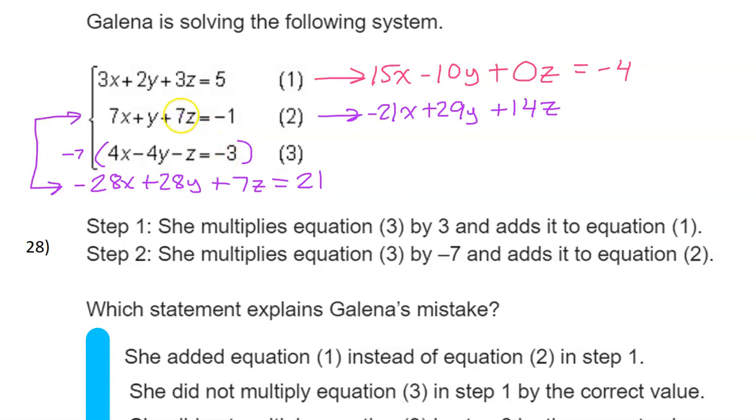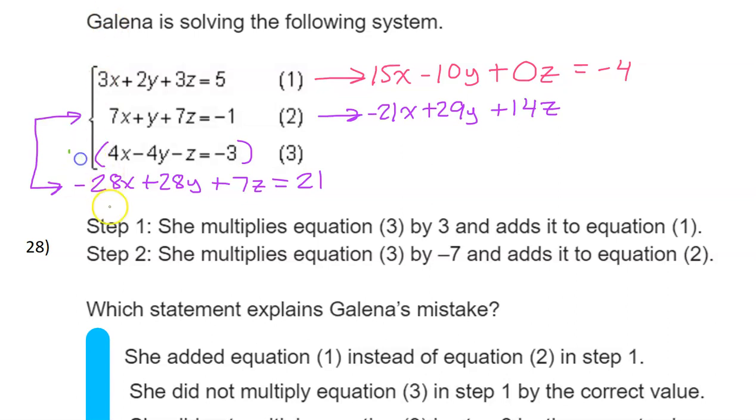We have this 7 and then we have another 7. The problem is that she multiplied by a negative 7. Imagine that she had multiplied by a positive 7 instead.